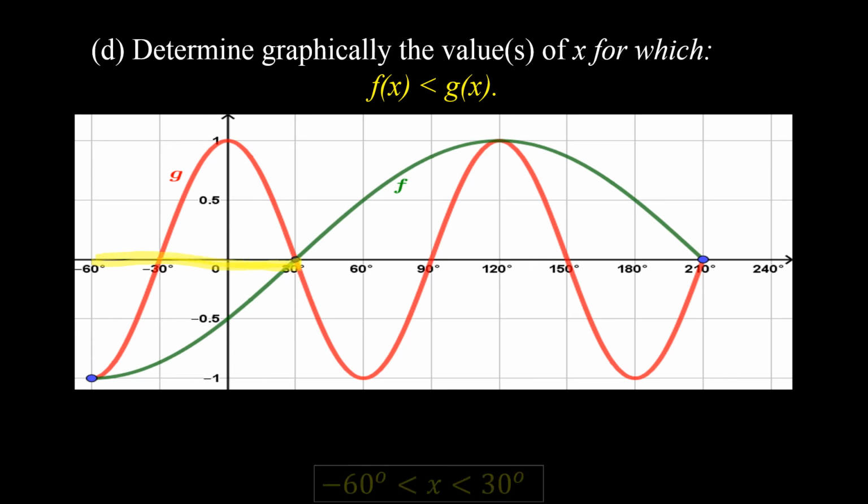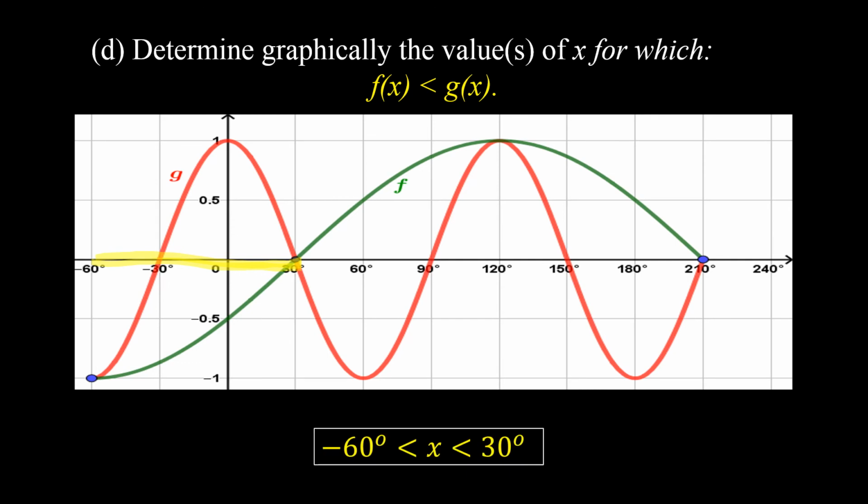Now we write the answer in this format, or you can also write using the bracket format. How do you write it? Less than, not equal to here. Look at the question, only less than. So we must write x is an element of the round bracket.